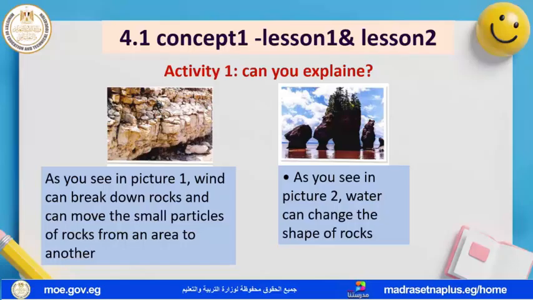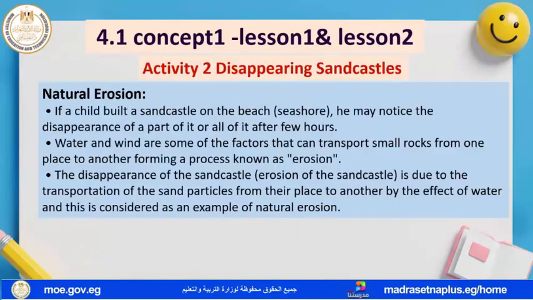Activity 2, titled Disappearing Sandcastle. Natural erosion. If a child builds a sandcastle on the beach or seashore, he may notice the disappearance of a part of it or all of it after a few hours.